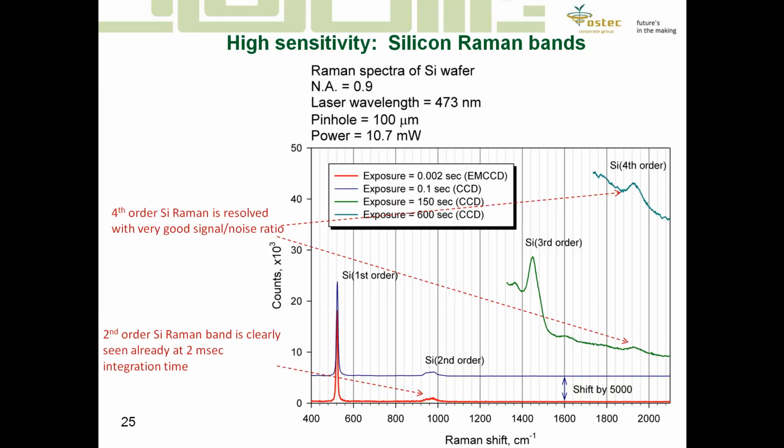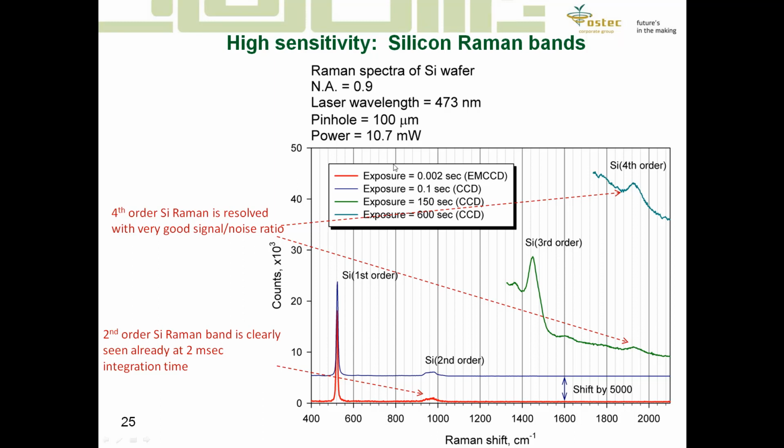Another important parameter of a Raman microscope is sensitivity. Silicon is a quite common standard to check the sensitivity of the system, and here, with the standard pinhole parameter, the excitation laser was 473 nanometers with a power of about 11 milliwatts.